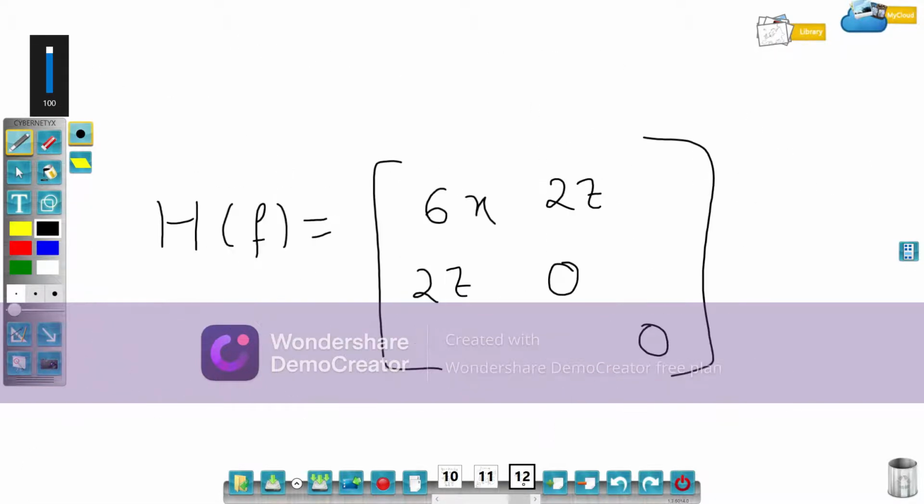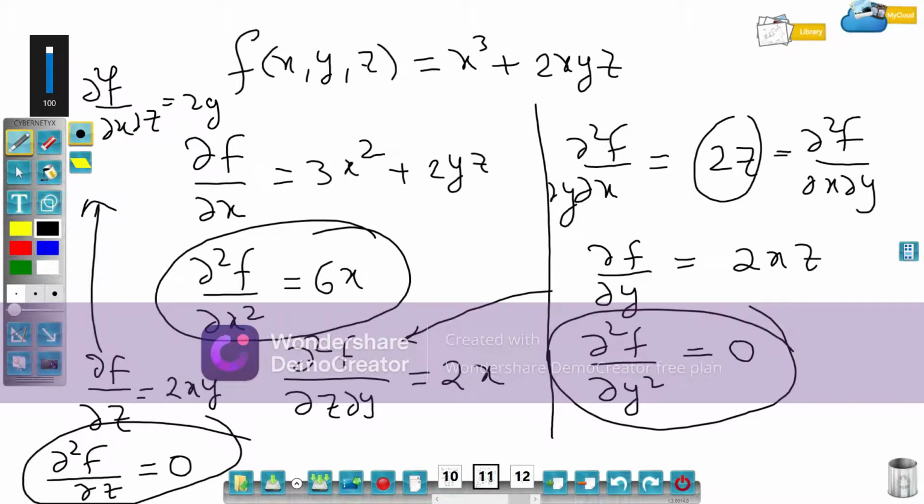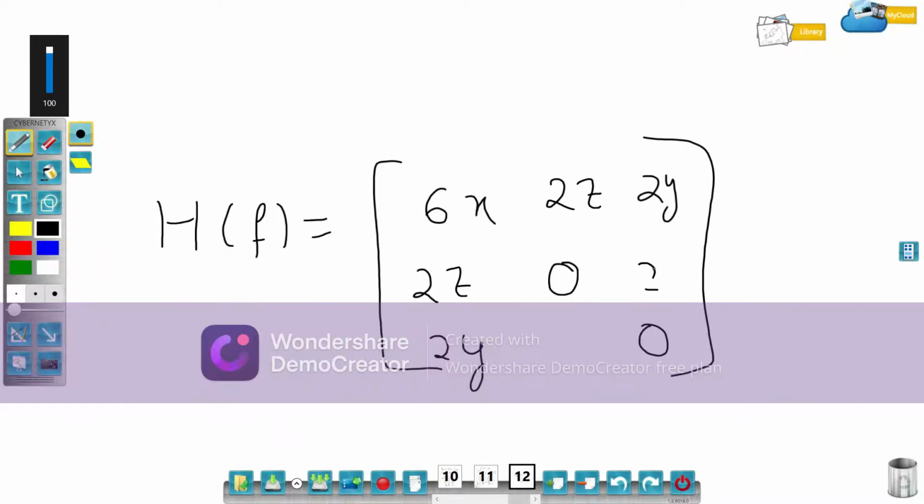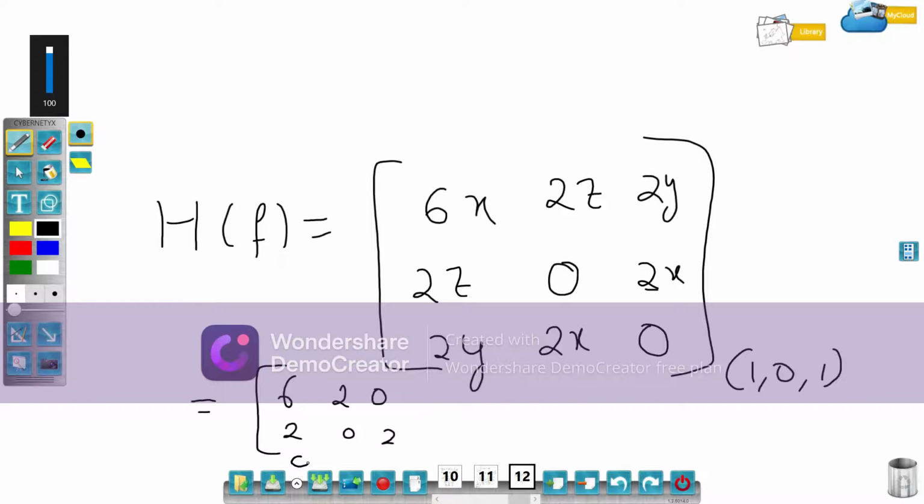So I need to write down this 2y. Then yz, this is 2x. This is evaluated at (1, 0, 1). So if I evaluate this, x is 1, so 6, z is 1, so 2, y is 0. So this is how the Hessian matrix looks.